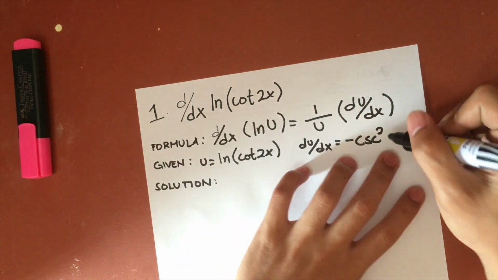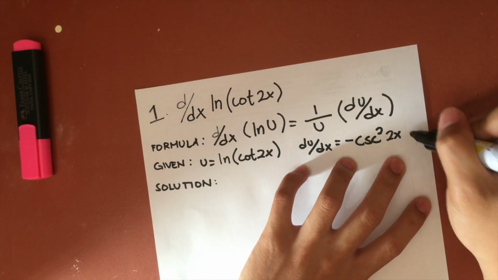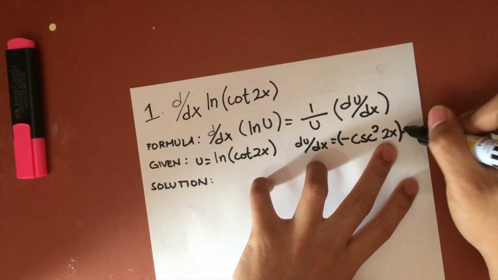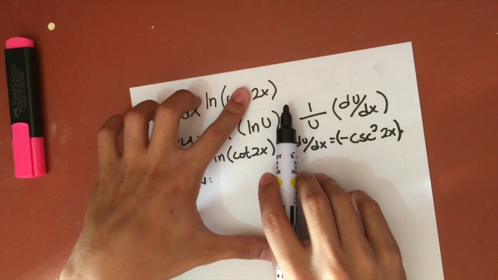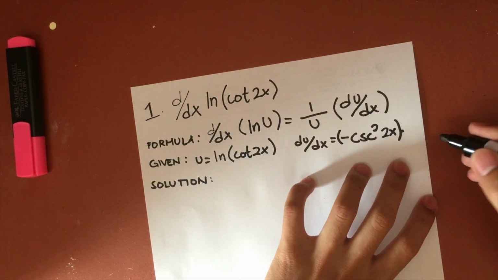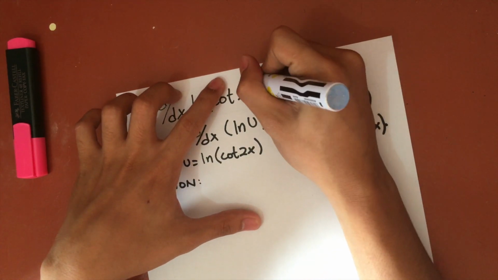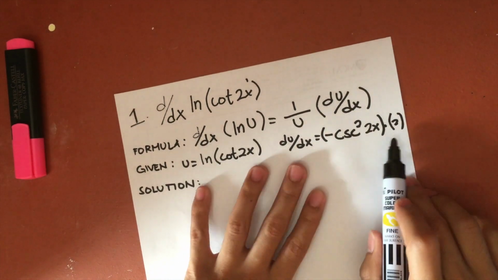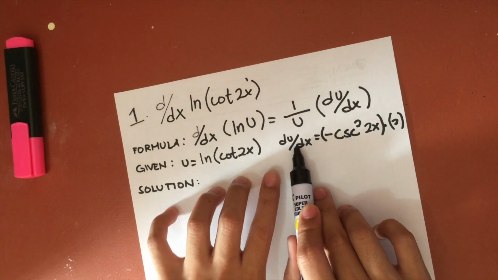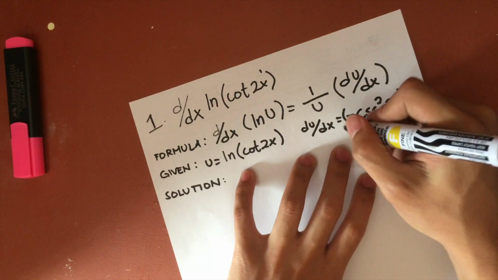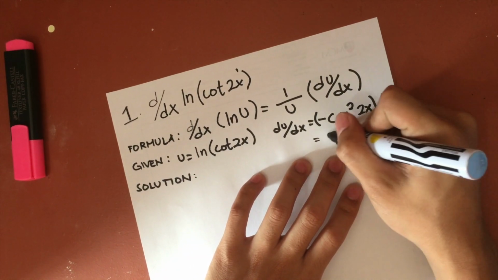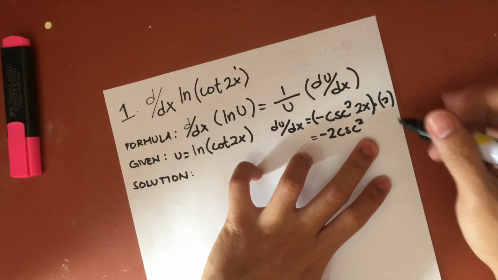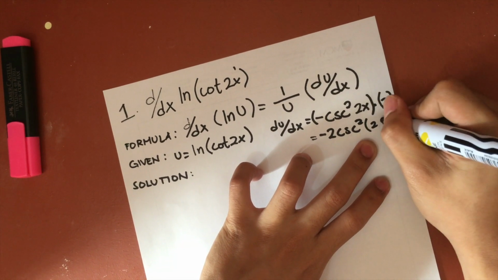Just copy all of this, 2x times. The derivative of 2x: it is a constant, 2 times 1 is 2. Now, to further simplify this, our derivative du over dx, you can easily find the final answer: negative 2 cosecant squared quantity 2x.